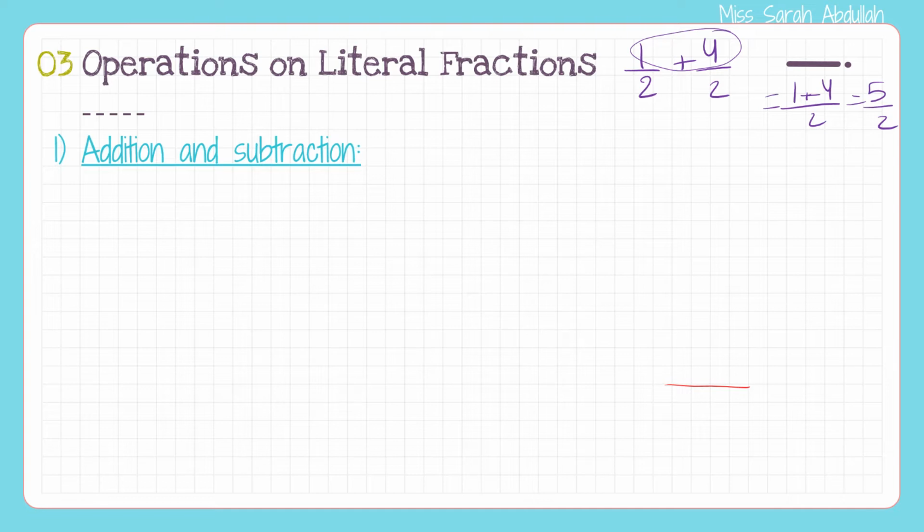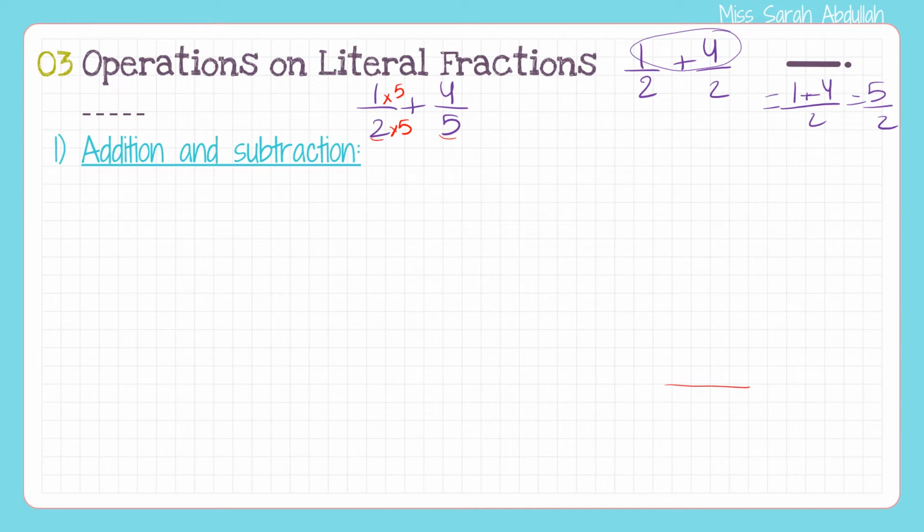Now, if we have different denominators, let's say 1 over 2 plus 4 over 5, I cannot add the numerators in this case. So what do I do? I need to make them like fractions. I need to make the denominators the same. The denominator for this one is 5, so I multiply the denominator and the numerator by 5.